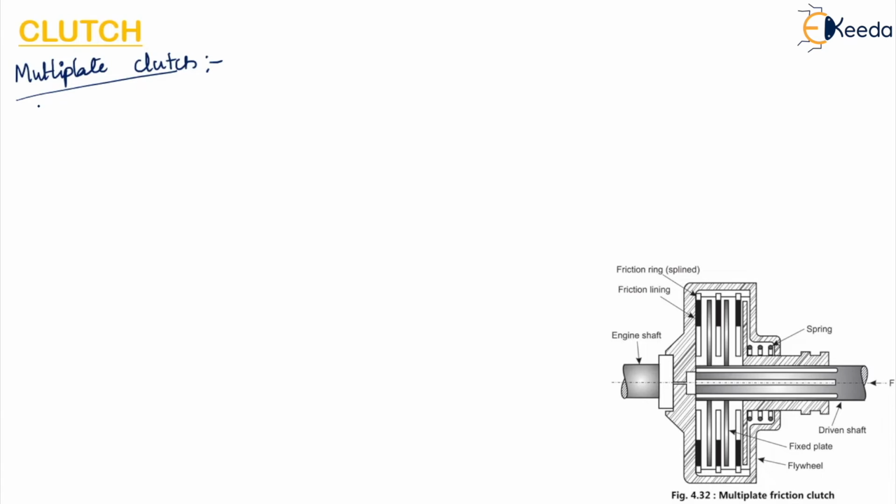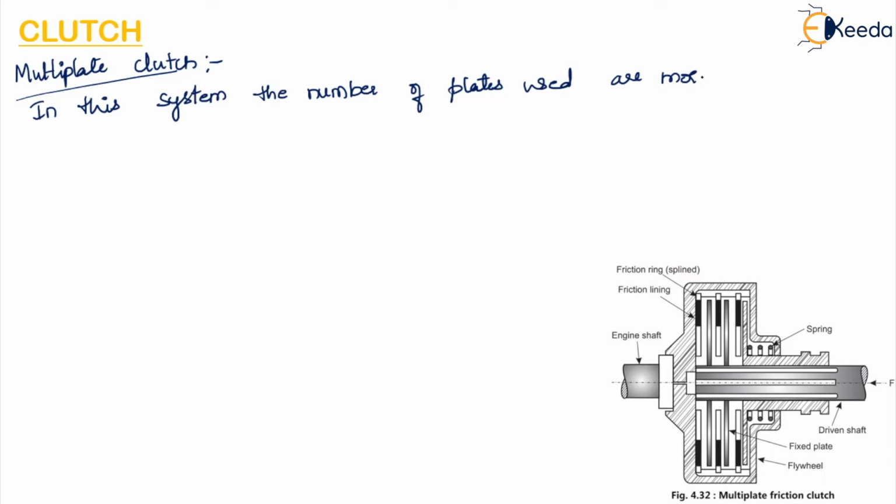So here in this system, the number of plates used is more than two. Here you can see that these are the plates. There is friction lining on either side of the plate. We have shown just two plates here, but usually there will be more than two plates, that is 4 to 8 plates.